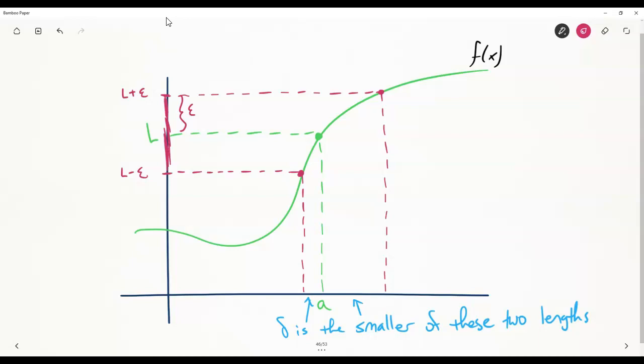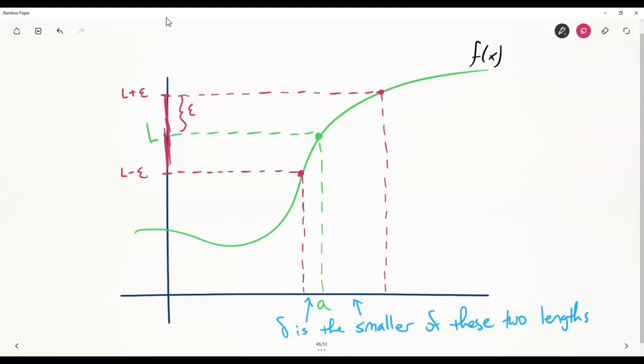So if I know the y-coordinate, I should be able to come back and get this x value right here. Likewise, if I know this point, and I know the function, I should be able to find this value on the x-axis right here. Now notice that when I take L plus epsilon and L minus epsilon, that makes an equal size boundary on both sides. This upper band and this lower band are exactly the same width.